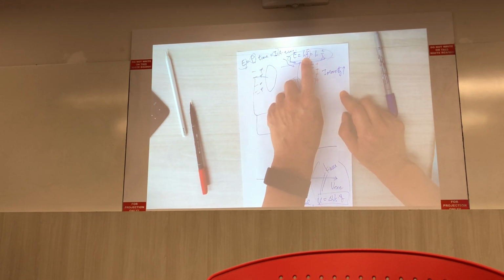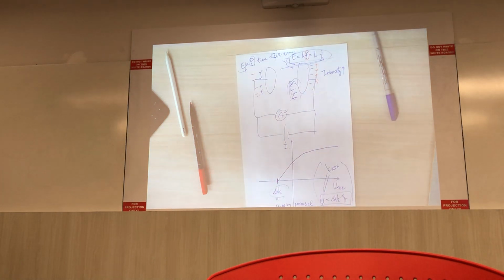However, I don't want to change my light source. I want to keep my light source the same, but I want to increase the intensity. How can I do that? With the same frequency, I can still increase the intensity. You just increase the power, isn't it? So in quantum physics, when you increase the power, what does it mean?